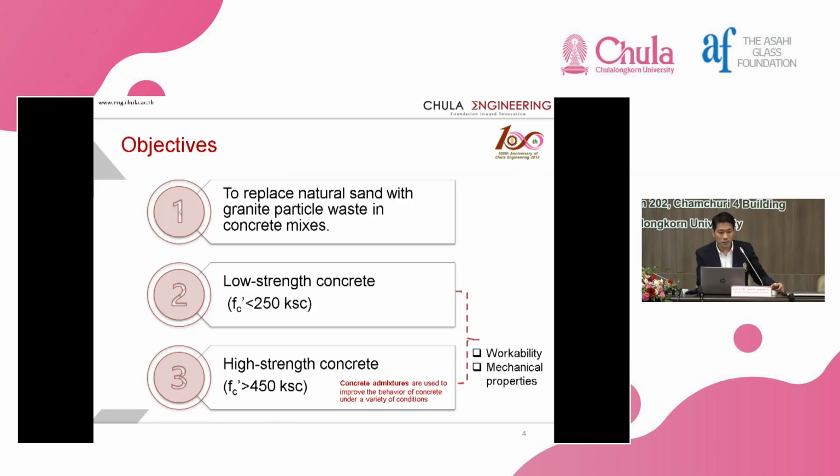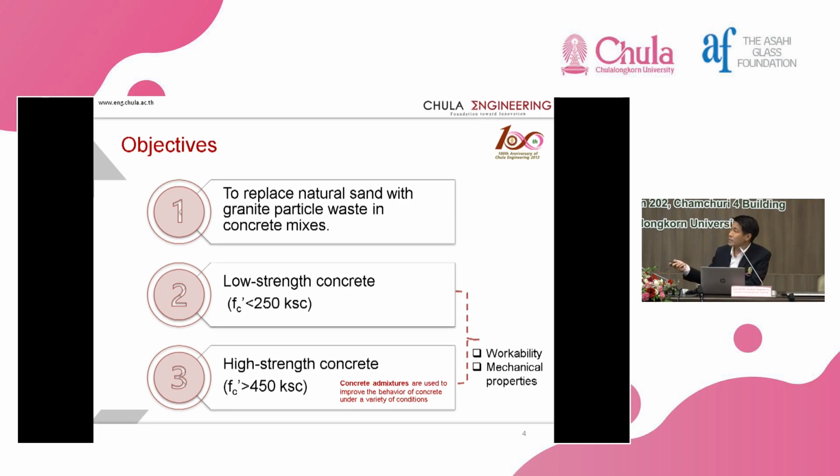The way we do this is that we put in 3 equations as the objectives of our project. We want to replace the natural sand with granite particles, presented as one of the mixtures in the concrete. We target 2 types of strength. One is a low-strength concrete, with compressive strength not exceeding 250 kilograms per square centimeter, and the other is a higher strength, at about 50 KSC, or kilograms per square centimeter.